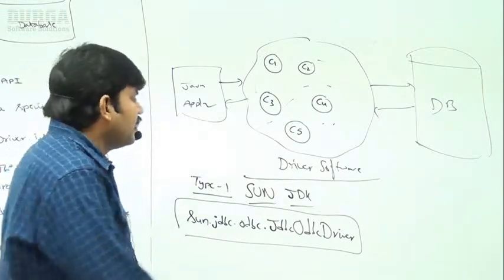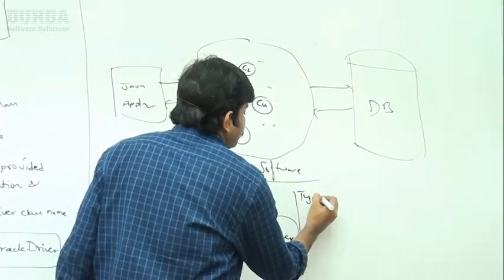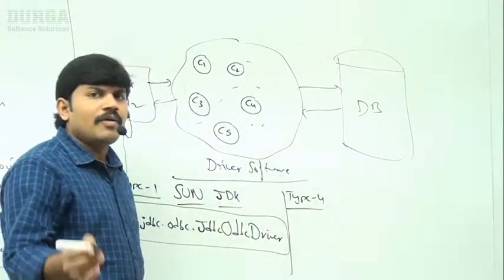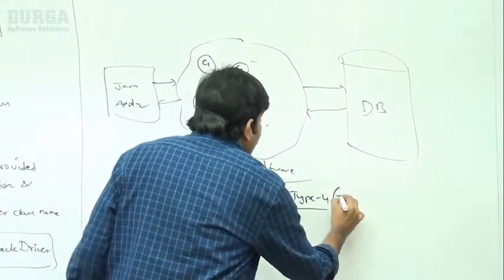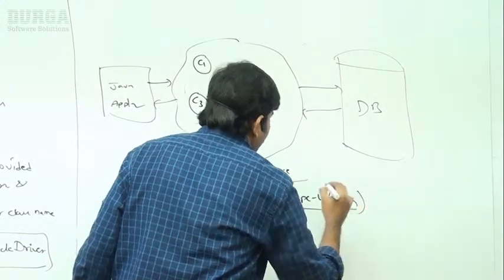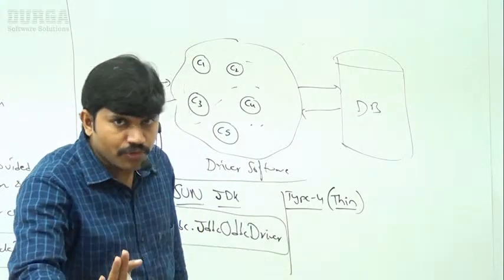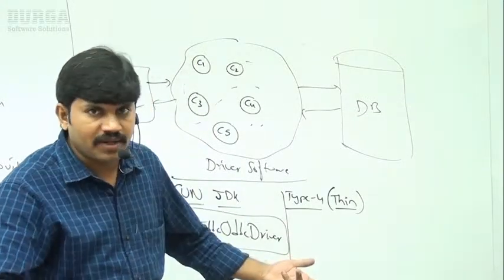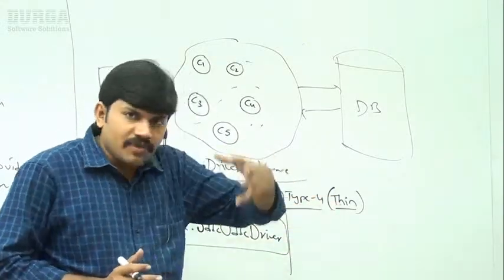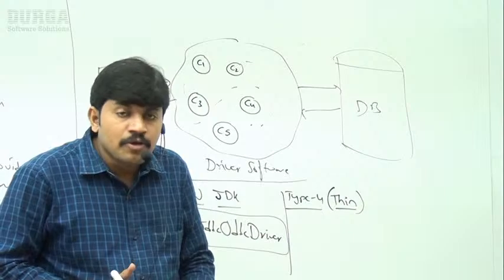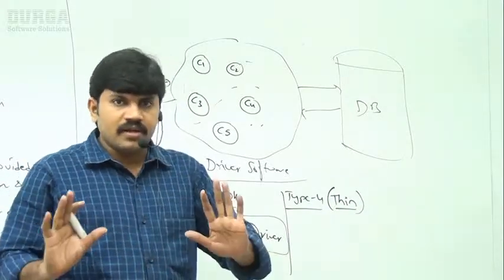Similarly, there is the type 4 driver of Oracle, which is also known as the thin driver. Don't worry, all these words are new to you because I haven't covered types of drivers yet. No problem, just a basic idea. The thin driver software is provided by Oracle Corporation to communicate with the Oracle database.